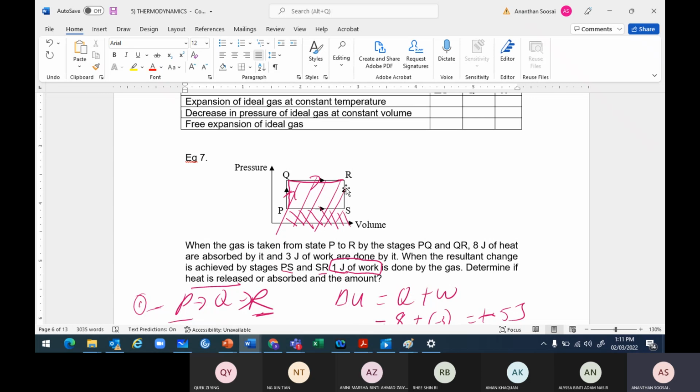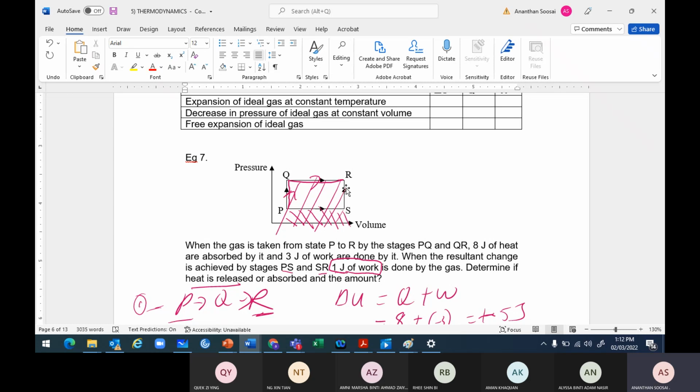So among P, Q, R, S, R has the greatest internal energy and P has the lowest. Q and S may have the same temperature, because Q is high P, small V, and S is small P, high V, so the product might be the same.